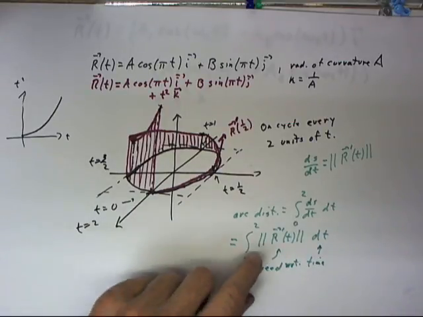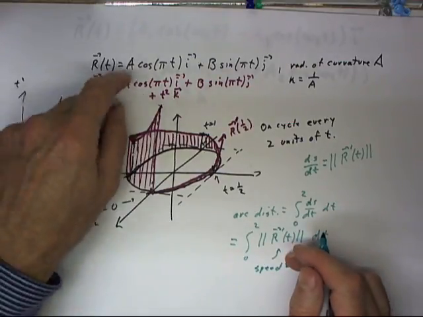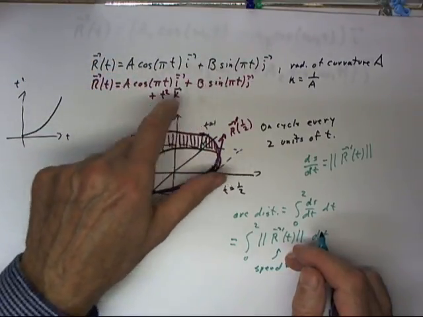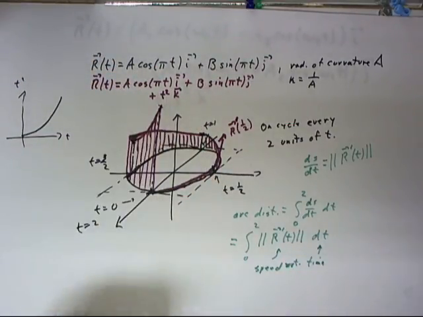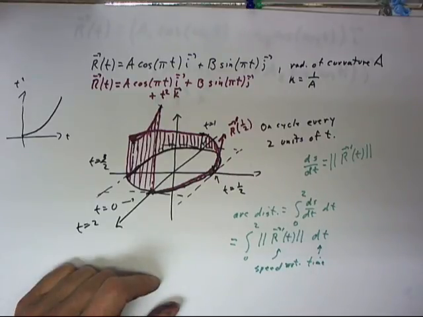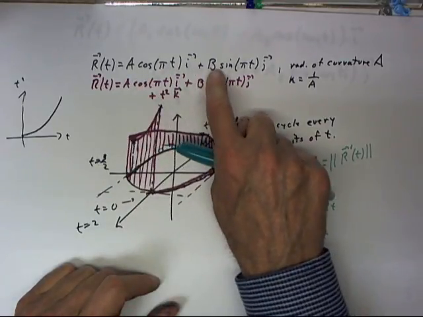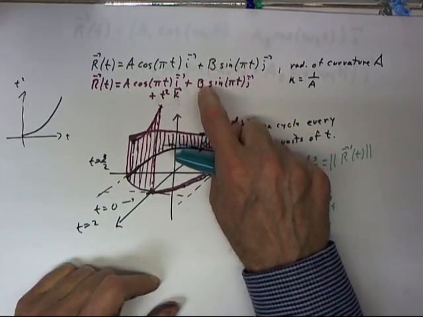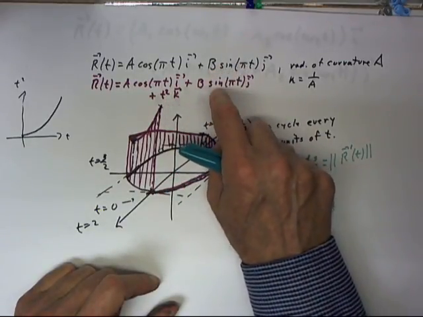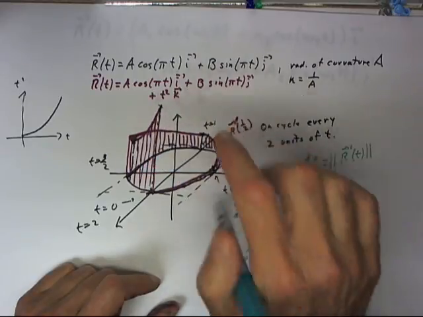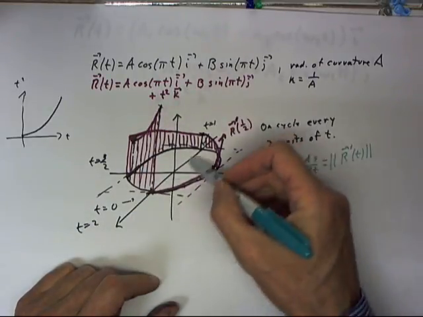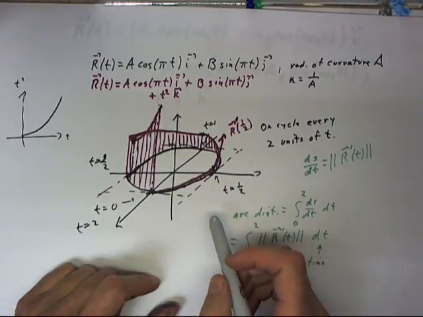Now the r prime of t vector has a magnitude, and we've actually calculated the magnitude both for this and for this. In the case of our first function, I just noticed that I have a b here in front of the sine. Of course, if a and b are different, this curve becomes an ellipse, elongated in one direction or the other.